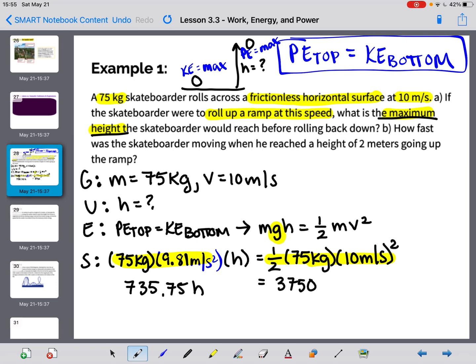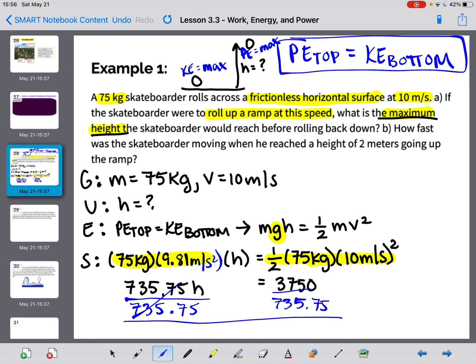The h is held together with that number through multiplication, so we do division to undo the multiplication. So my height value for part A, so if I do 3,750 divided by 735.75, I would get a height value of 5.09, which is also equal to 5.1.